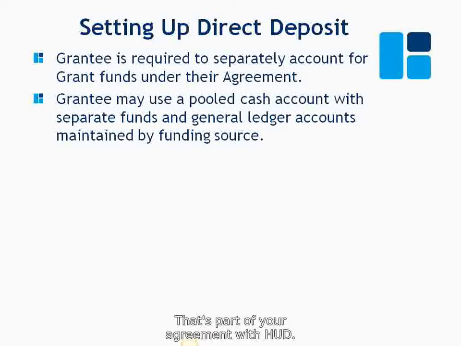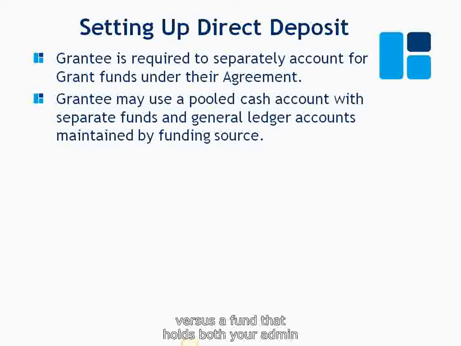However, whether you have a separate account for your funds that are ultimately going to your participating owners versus a fund that holds both your admin fees and your participating owner fees, there's a little bit of discretion there at the state level.